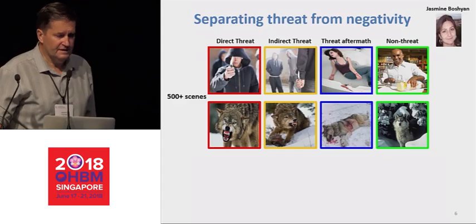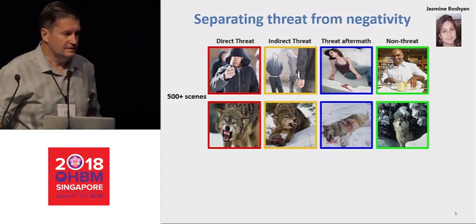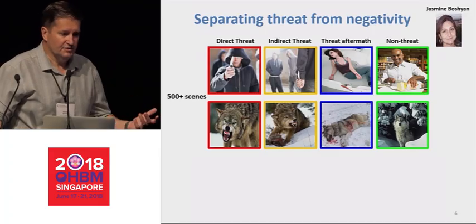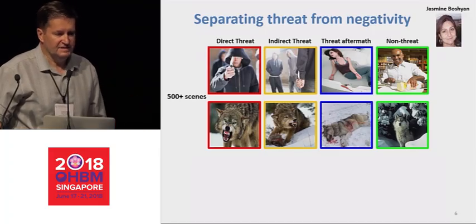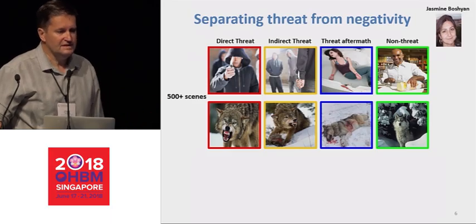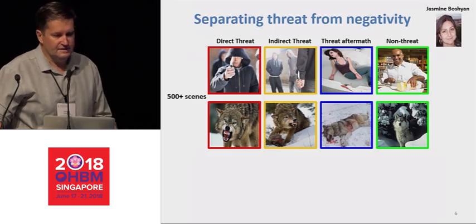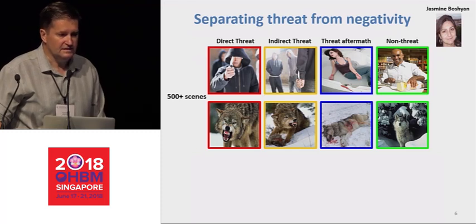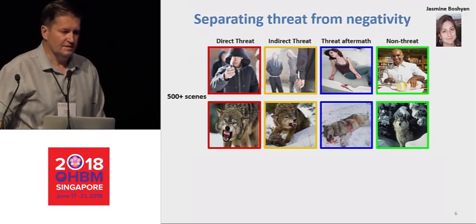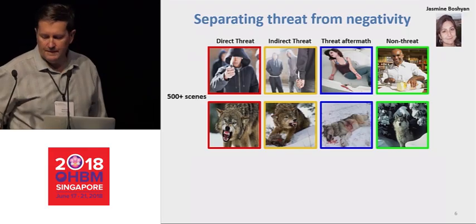The direct threat is obviously someone attacking you right now, basically to your face. Indirect threat is someone else, the agent, attacking someone else. Threat aftermath is where the threat has already occurred and is in the past, and non-threat stimuli are sort of the neutral condition, if you will.